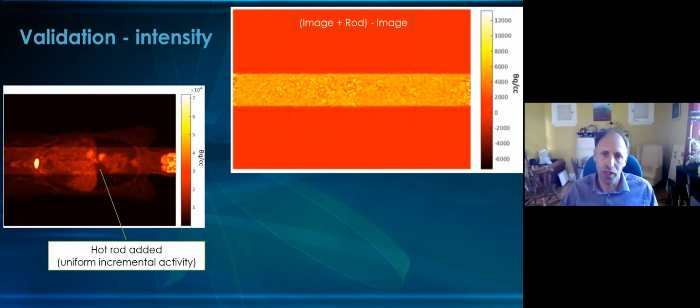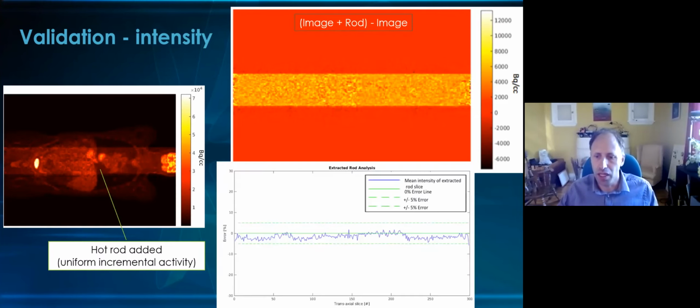So we have the image with the rod, and we subtract the original patient image. What we expect to see is just the rod left over. It gives you a feel for what the data looks like. It is noisy, and we expect it to be noisy. It's relatively low activity, and it does have noise artifacts that are introduced during the reconstruction and so on.